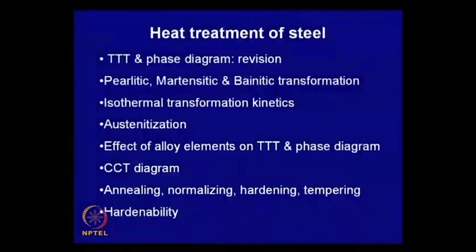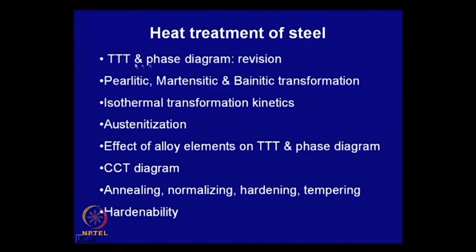We will now see how the structure can be modified by giving heat treatment. In the next maybe 6 to 8 classes, we will revise something which has already been covered, just so that you are able to follow this lecture.